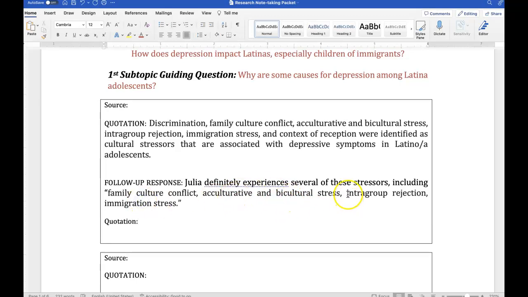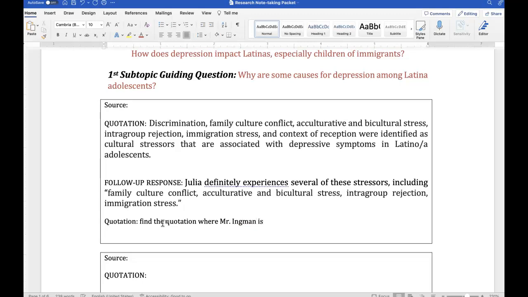So I would focus on, let's just go with the last example, immigration stress. So I would find the quotation where Mr. Ingham, or is it Ingman?